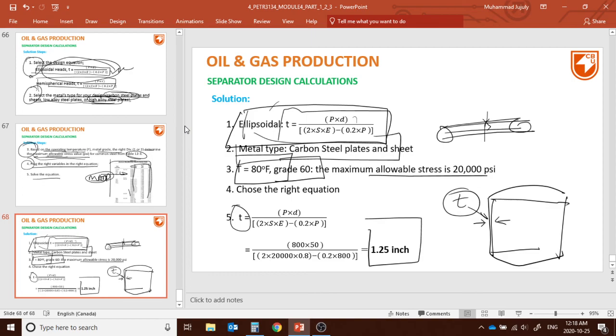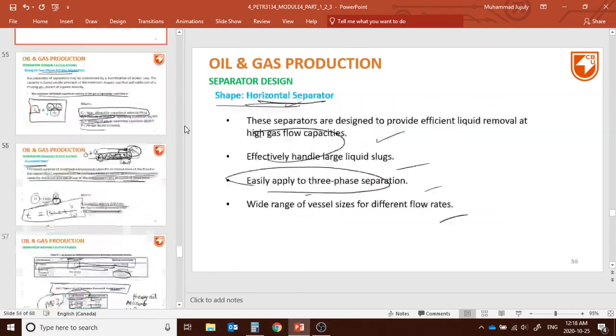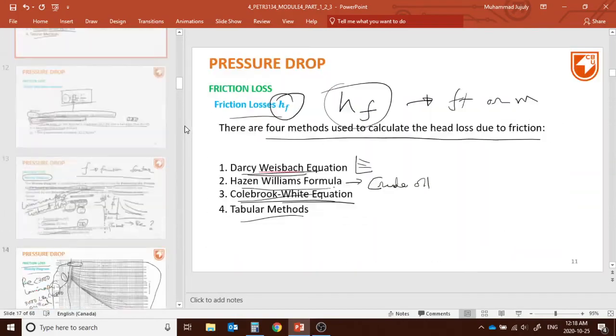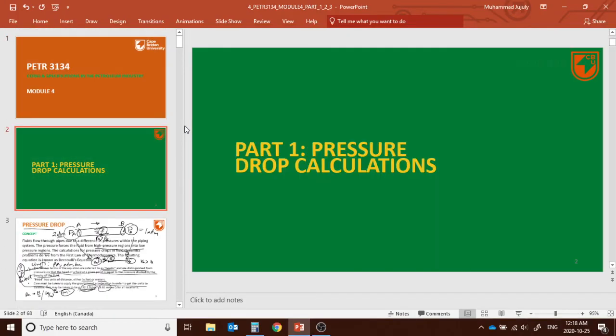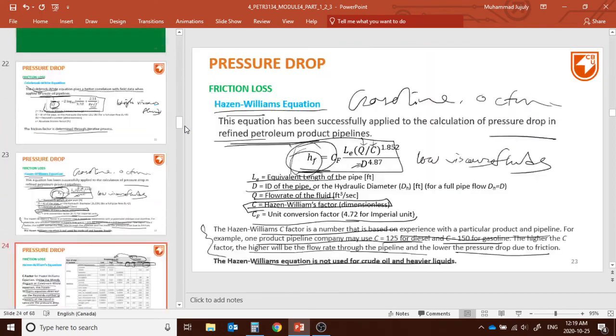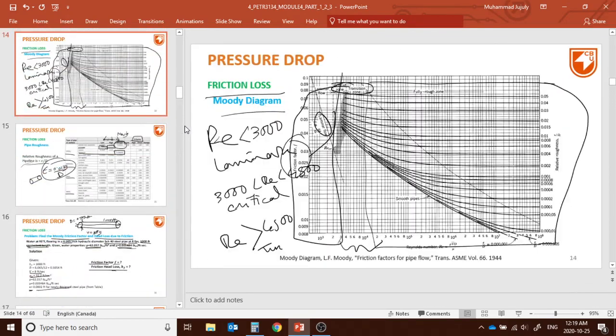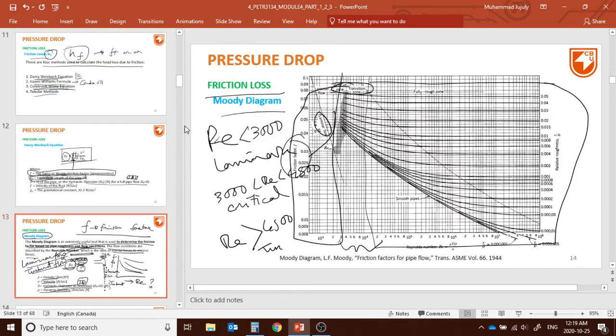So this would be all about today's lecture. Let's recap the whole module. The first part, we learned pressure drop calculations: Bernoulli's equations and friction loss, especially how to use the Moody diagram and the Darcy-Weisbach equation.